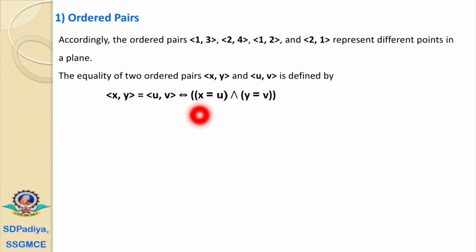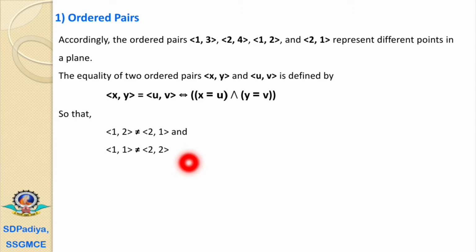That is, the first element of the first ordered pair equals the first element of the second ordered pair, and the second element of both ordered pairs is the same. So we can conclude that the ordered pair (1, 2) is not equal to the ordered pair (2, 1). These two are different, and the ordered pair (1, 1) is also not equal to the ordered pair (2, 2).